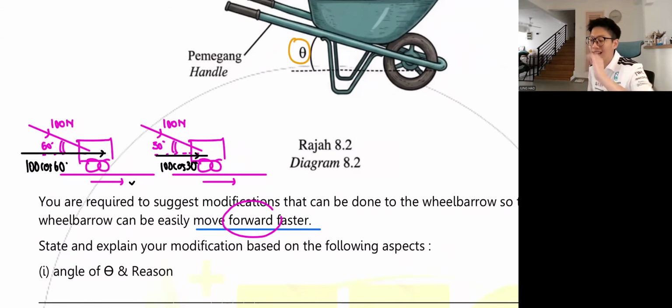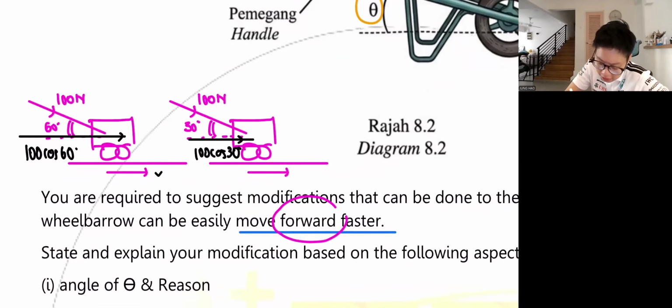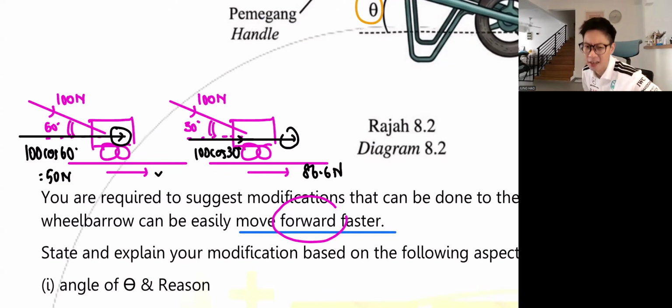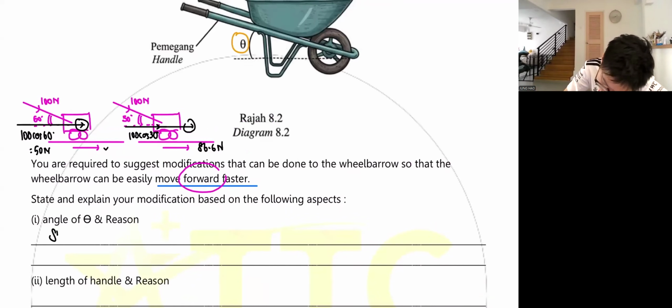So guys, you can sub certain values to let you understand better. Why memorize when you can just take a calculator, press 5 buttons and get the answer? So I calculated already. This is actually 50 Newton forward. Then this one, if you go forward, this is going to be equal to 86.6 Newton. Which one is better? Of course, the second one. So I want my angle of theta to be smaller.